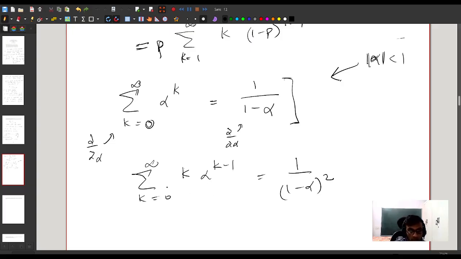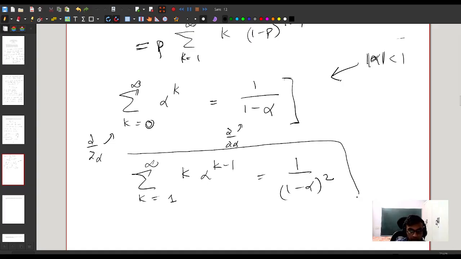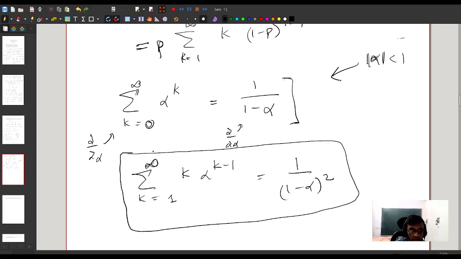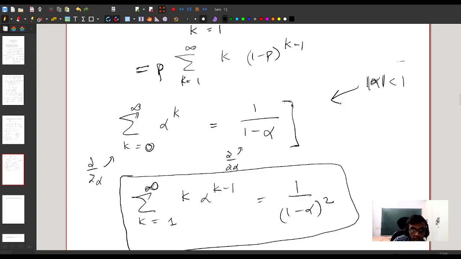So we can write this as the sum from k equal to 1 to infinity of k alpha to the k minus 1. This is the infinite series that we need in this expression. If you compare these two, alpha is just 1 minus p.